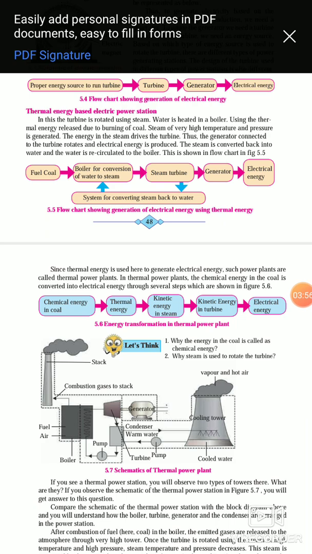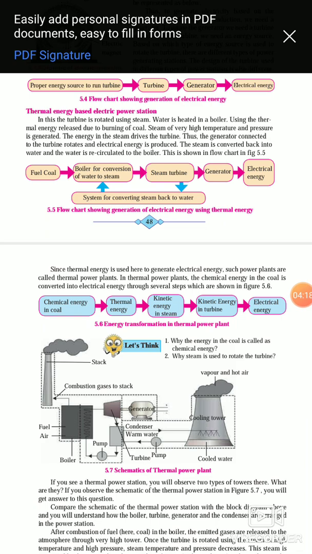It also creates respiratory diseases. That means serious health problems are seen in the areas where thermal power stations are located. The respiratory system is affected due to thermal power plants.